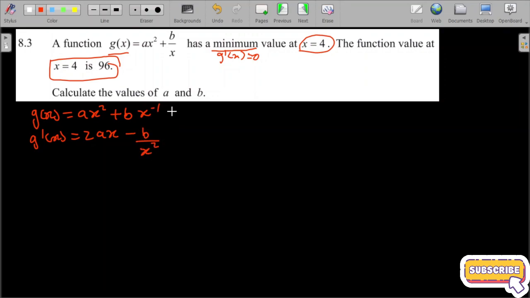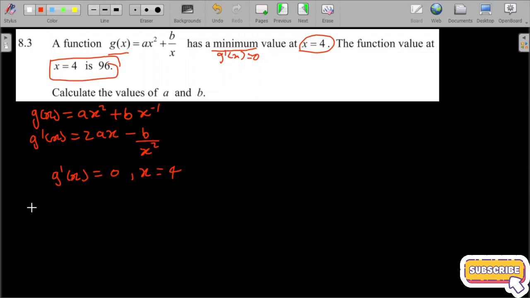If I take this, it's going to be minus 1, which is 2, and then take that underneath, it's going to give me this. Now from here, my derivative is equal to 0, and the value of x, if the derivative is 0, is equal to what? Is equal to 4. That is very important.